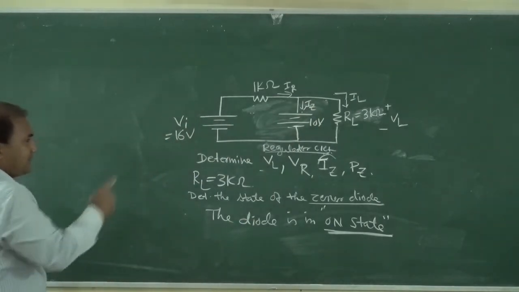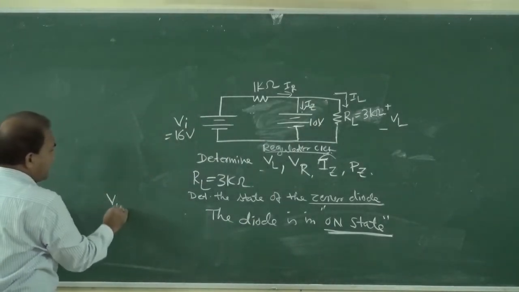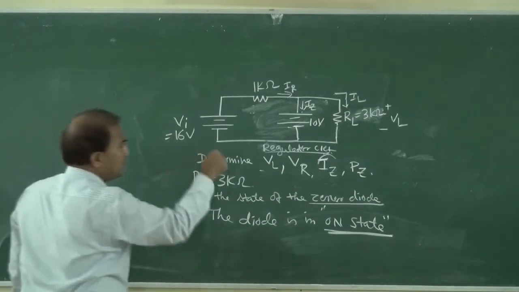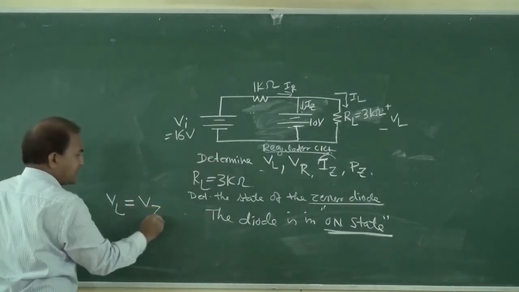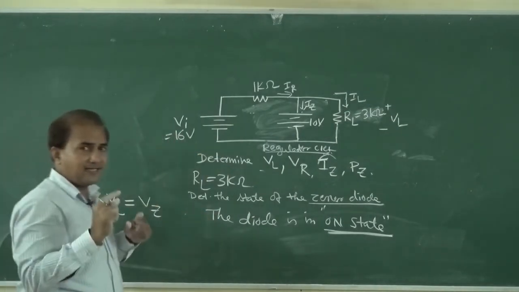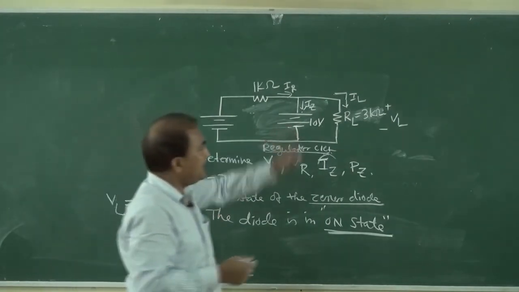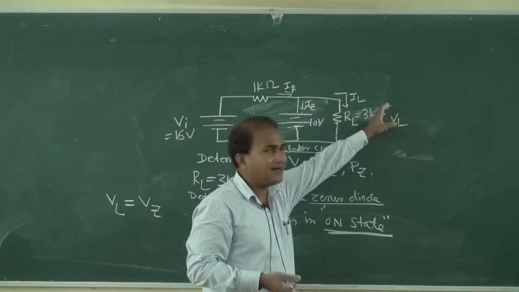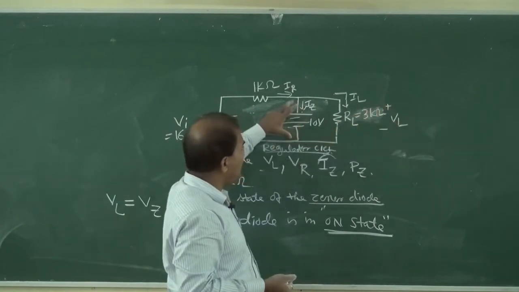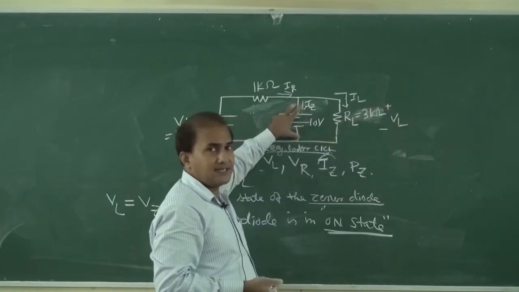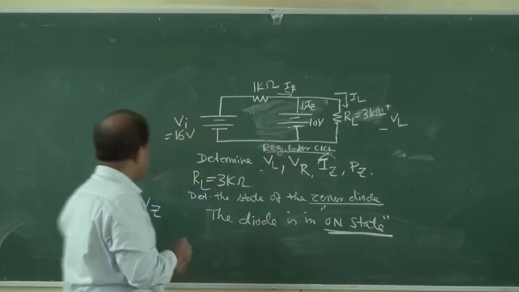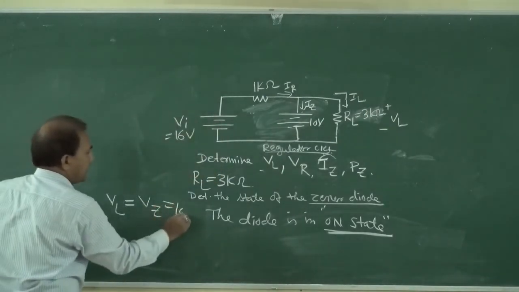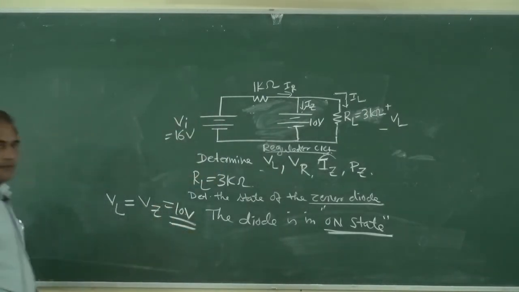So we have to determine VL. VL is equal to Vz, because the diode is in on condition. VL across RL, this is VL. So VL is equal to Vz, which is 10 volt. Okay.